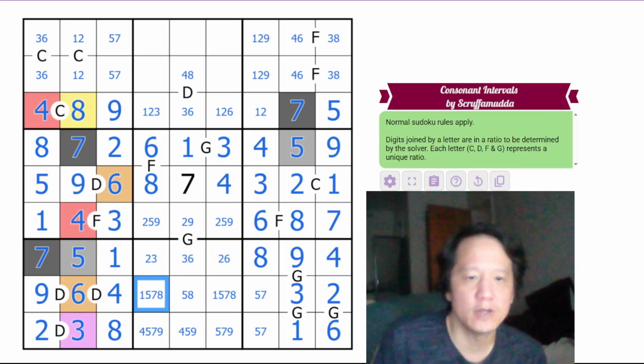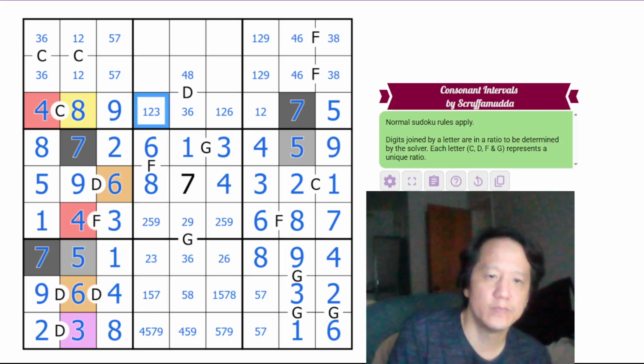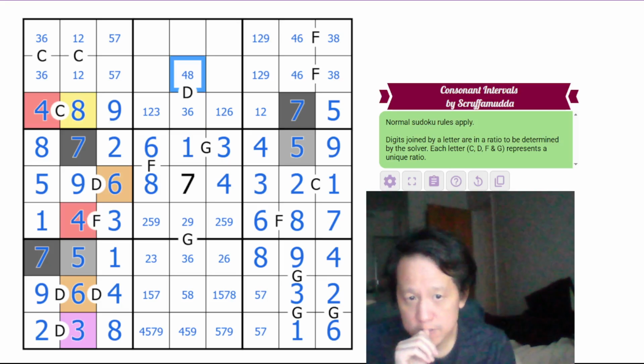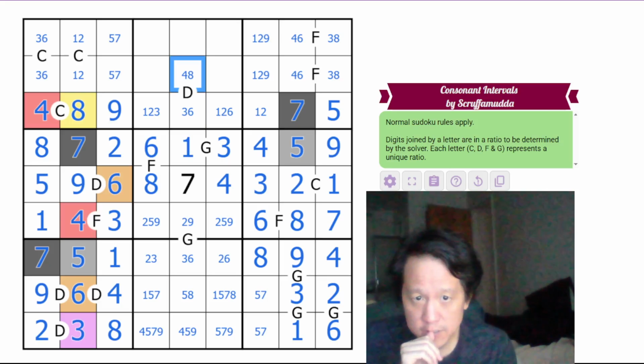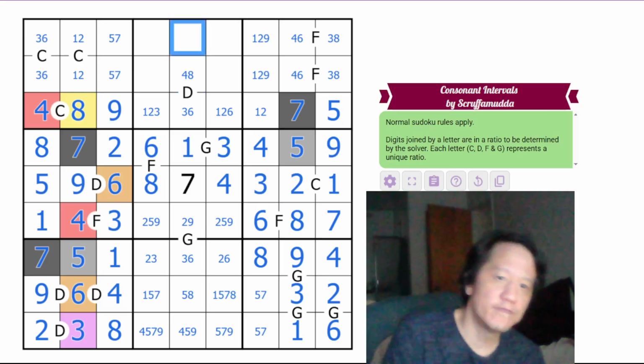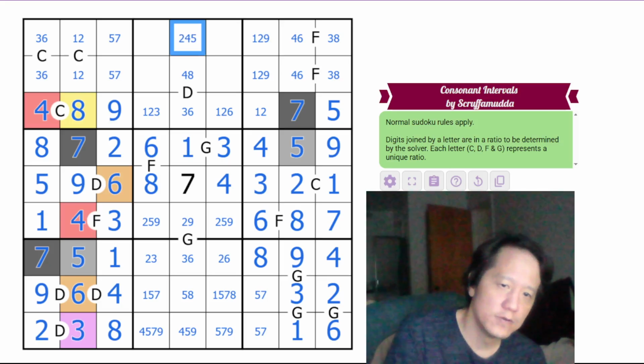This can't be 8 because of the 8 in the column. Rest of column 5 cannot have 3, 6, 1, or 7. So this is 2, 4, 5, 8, 9.